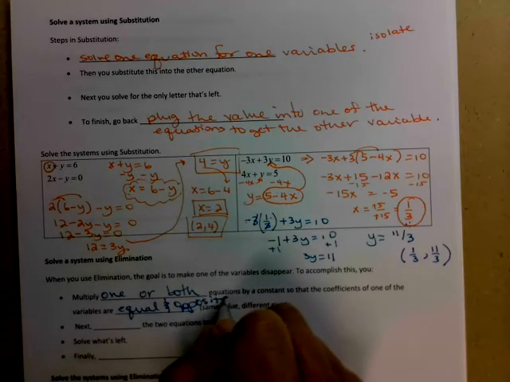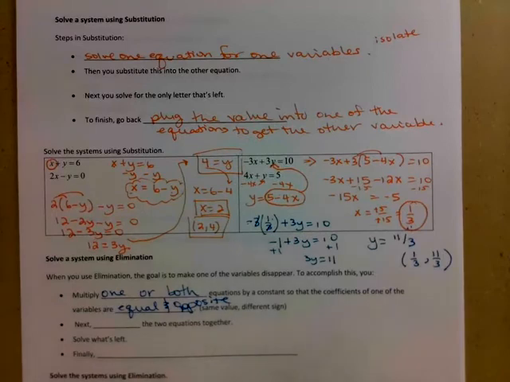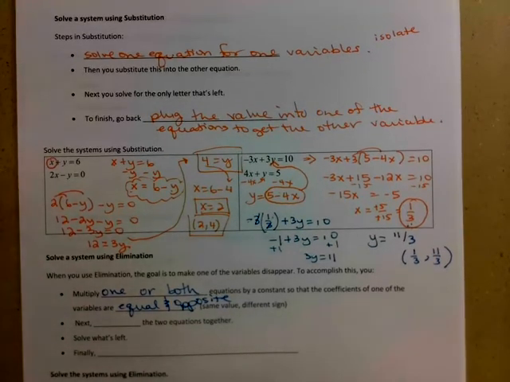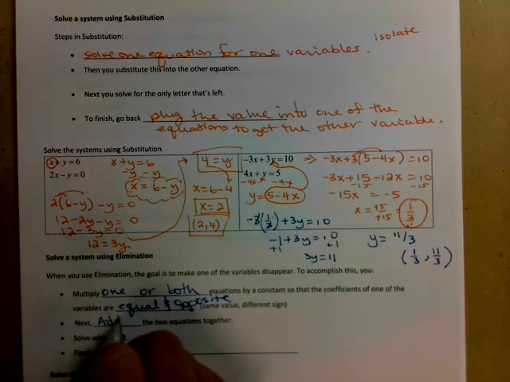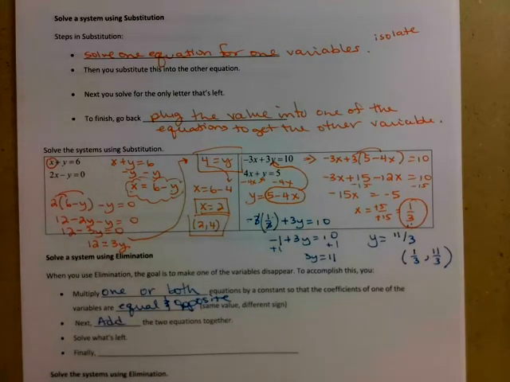So same value, but different signs. So positive 2, negative 2, positive 5, negative 5. Then next, we're going to add the two equations together.